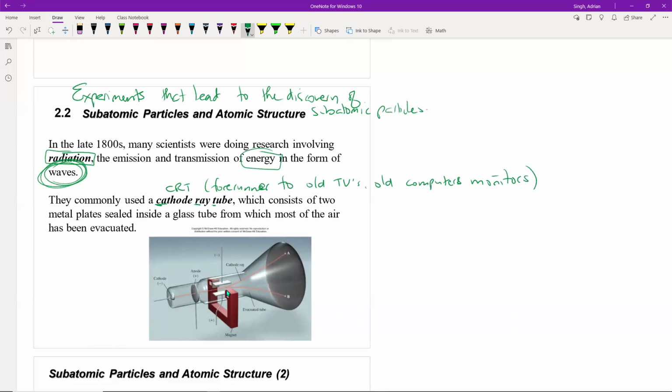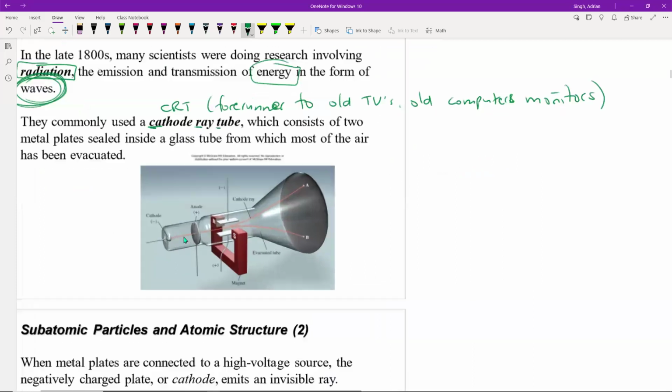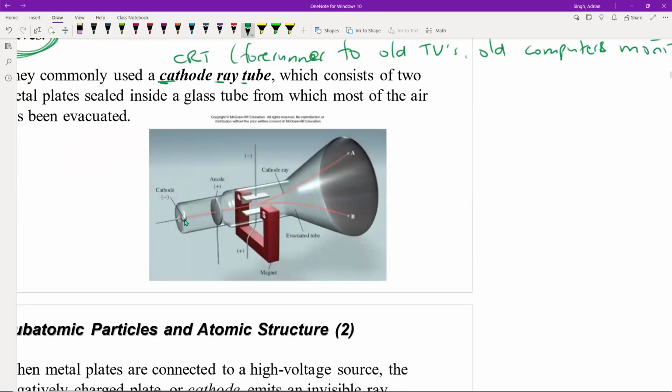You have a big glass tube, essentially, and most of the air has been taken out, or evacuated, from this tube. On one side of the tube, you have two metal plates. There's one plate, and there is another plate.